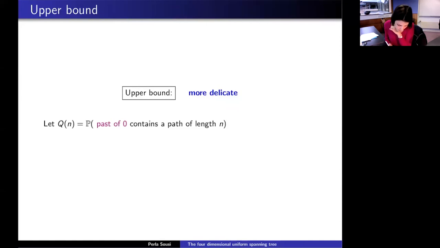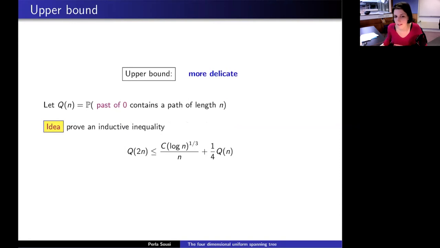The way we do that is, if Q of n is the probability that we are interested in, the probability that the path contains a path of length n, then we prove an inductive inequality of this form. We show that Q of 2n is upper bounded by log n to the third divided by n, plus a quarter times Q of n.